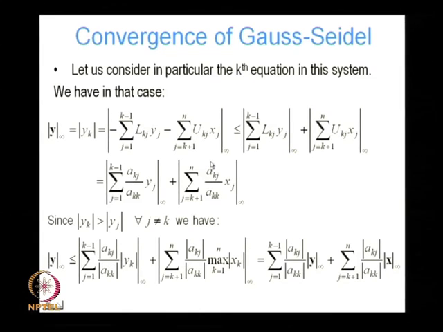Similarly, instead of xj, if I replace it by the maximum component of x, instead of summing over all the components, I sum with the maximum component of x every time. Obviously, that is an upper bound on this. So, if I replace that by that, but this is nothing but y infinity, and that is nothing but x infinity.